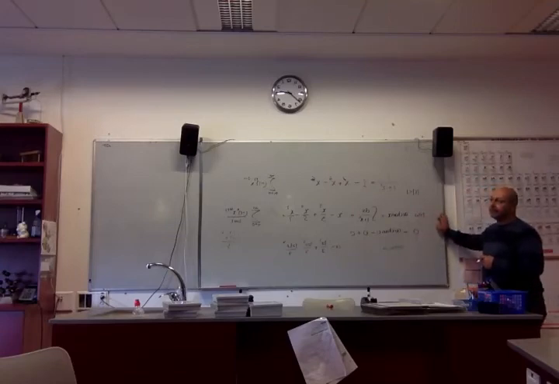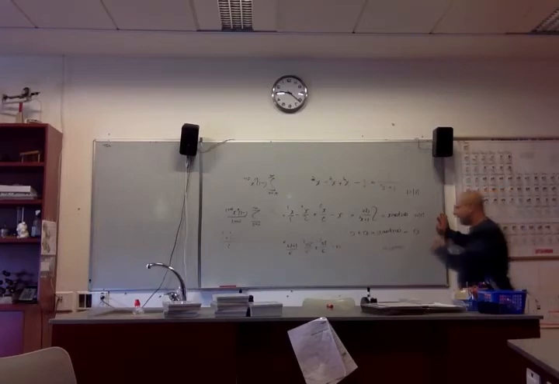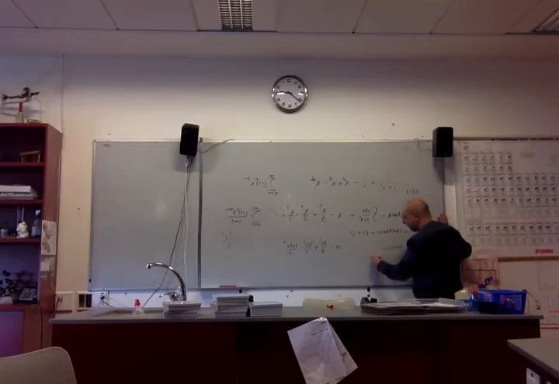Or arctangent of... tangent of pi over 6 is square root 3 over 3. Let's take arctan of square root 3 over 3. The answer should be pi over 6, right?